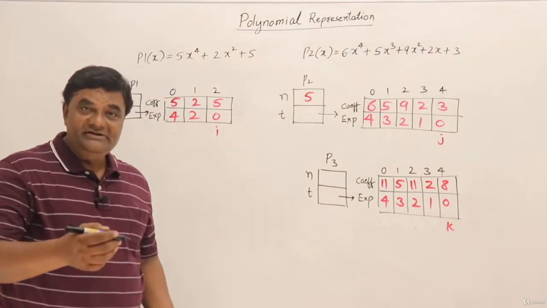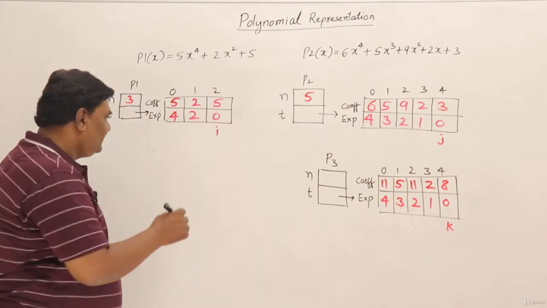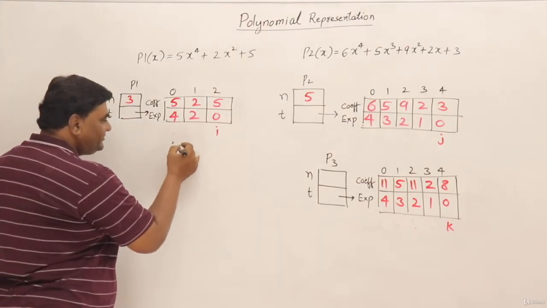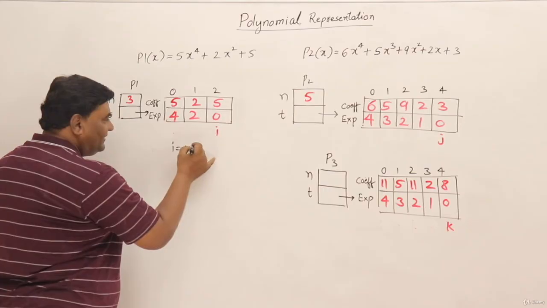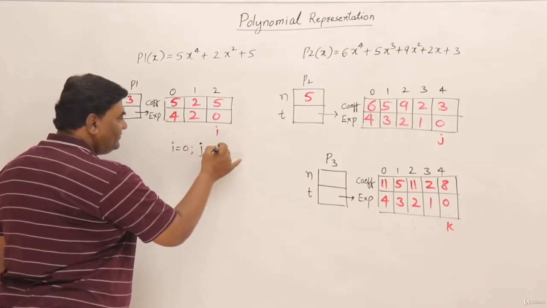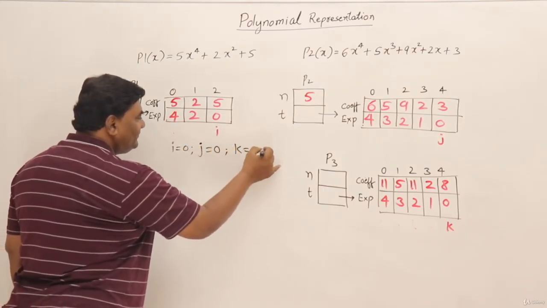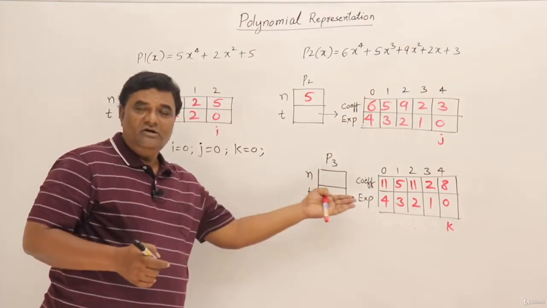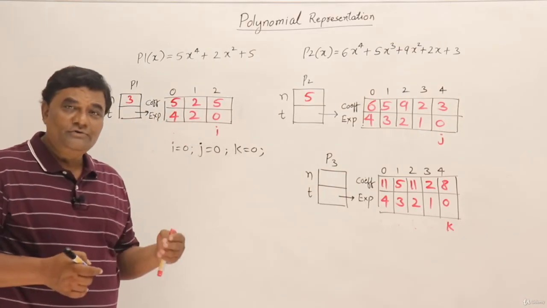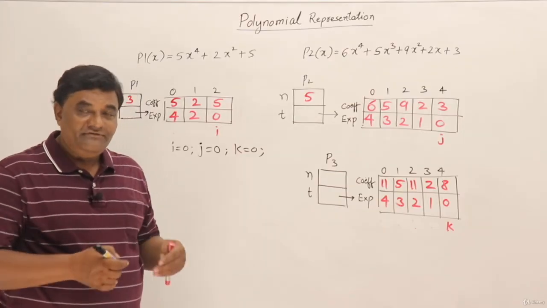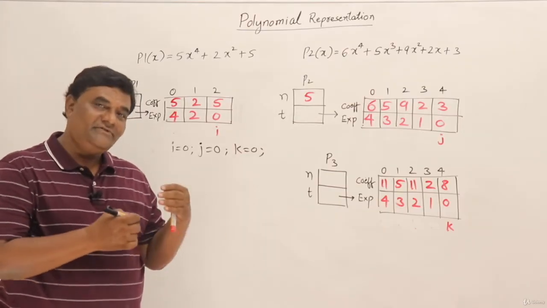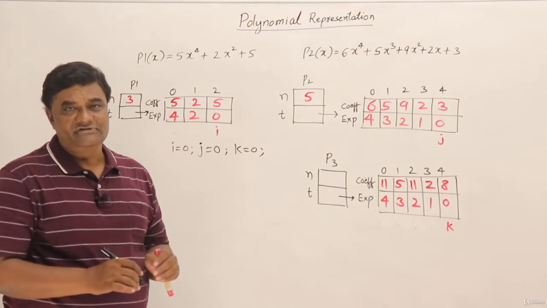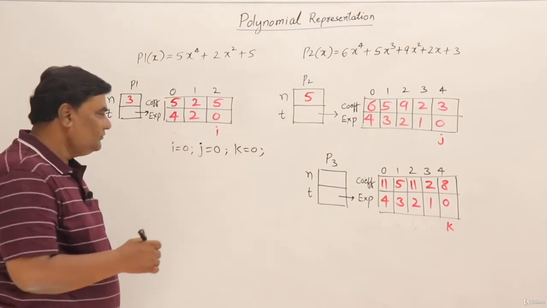Then let us write a piece of code for doing this. i is initially 0, j is also 0, and k is also 0. All are starting from 0. Then we don't know in total how many terms we get, so we can't use for. If we know the number of terms, then we can say for these many terms. So we don't know, we have to use a while loop.